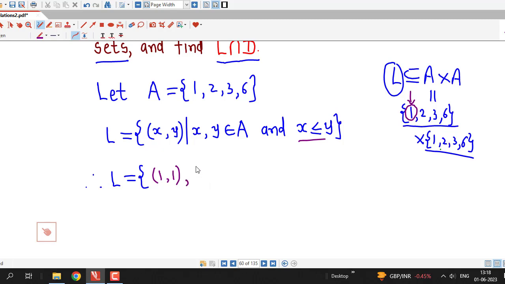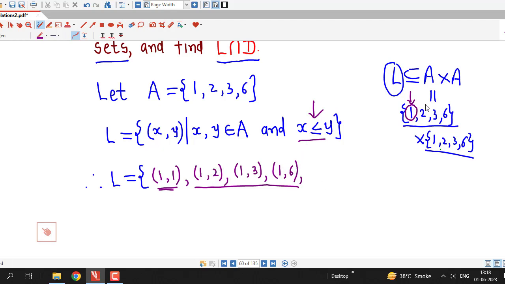Because 1 is less than 2, ordered pair (1, 2) also belongs to relation L. Similarly, (1, 3) is also a member of L, and (1, 6) is also a member of L. All these ordered pairs satisfy the condition x is less than or equal to y.